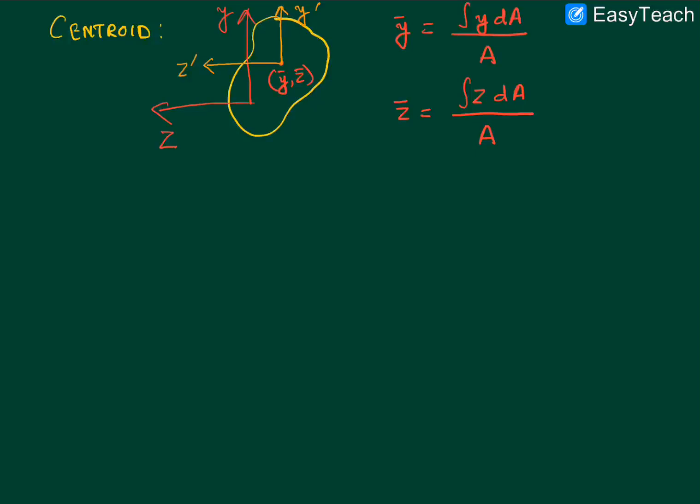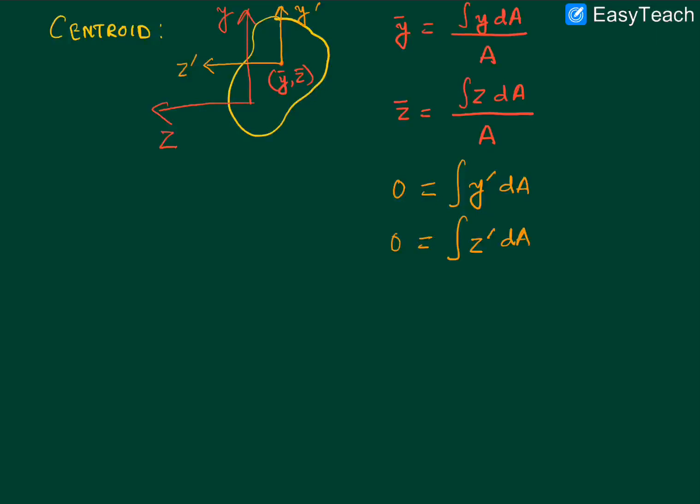It will be nothing but 0, this, and 0, this. I believe this should be clear to everyone.